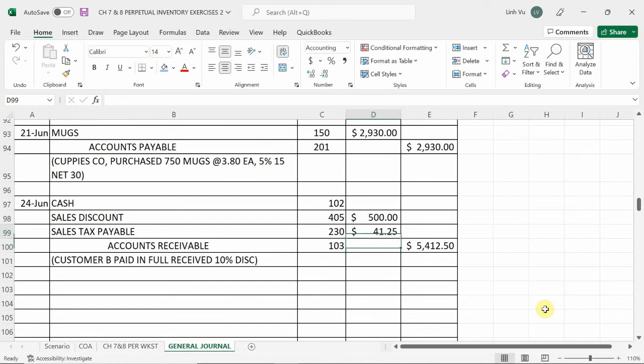$41.25. So how much is customer B going to give me for cash?